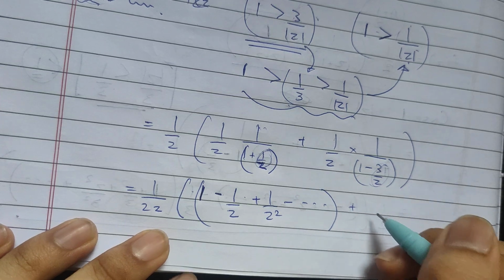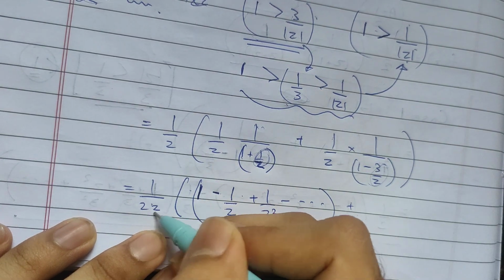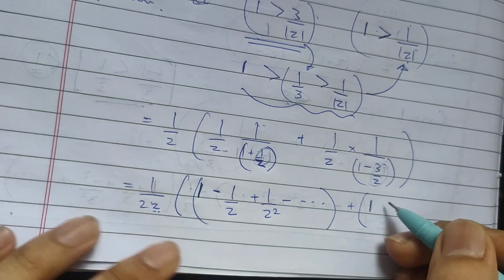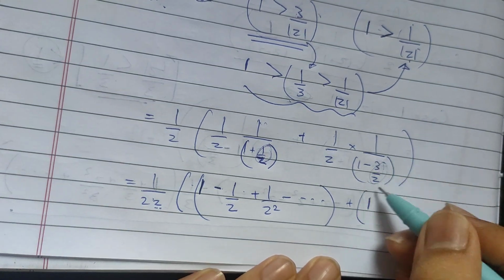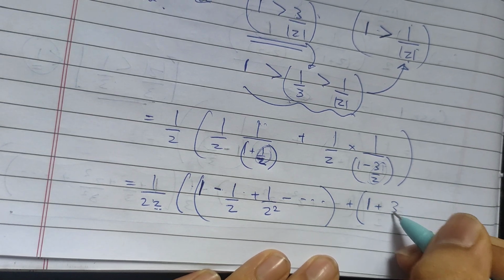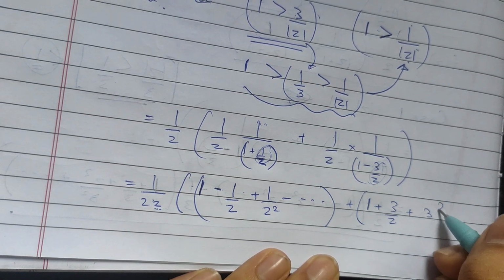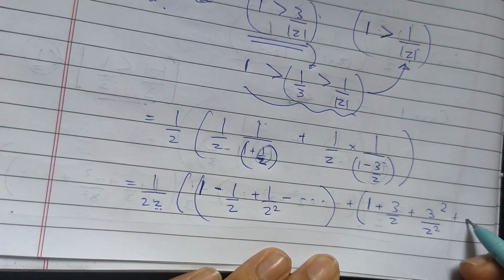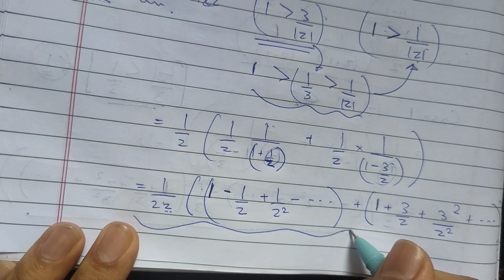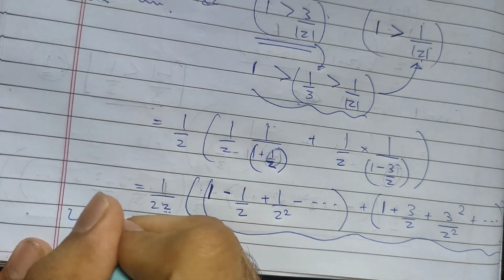Then we have the other one, where we took this 1 by z common out. Over here we'll have 1, and since this is the 1 upon 1 minus x form, we'll have all positive terms: 1 plus 3 by z plus 3 square by z square plus dot dot dot. So this is a Laurent series expansion.